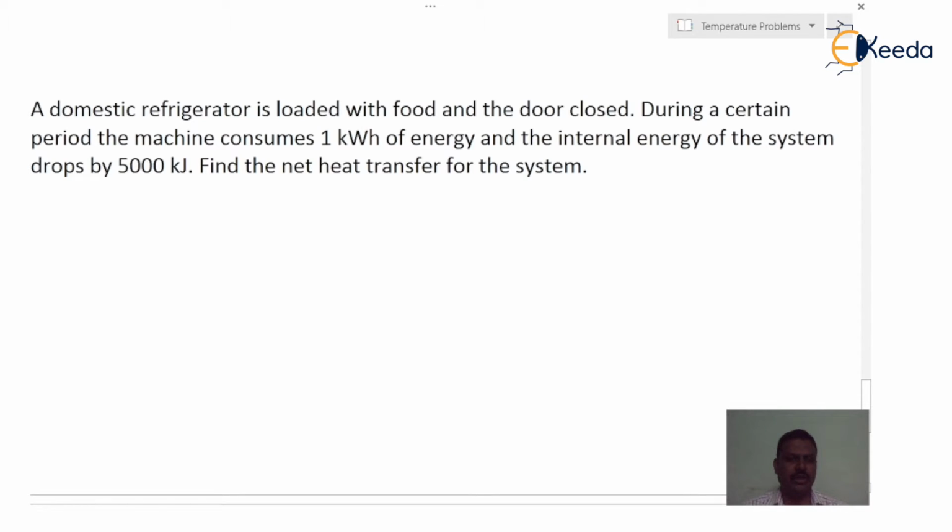There is a domestic refrigerator that is run at the rate of 1 kilowatt for 1 hour. To convert this 1 kilowatt hour to kilojoules, it is done in a simple way.